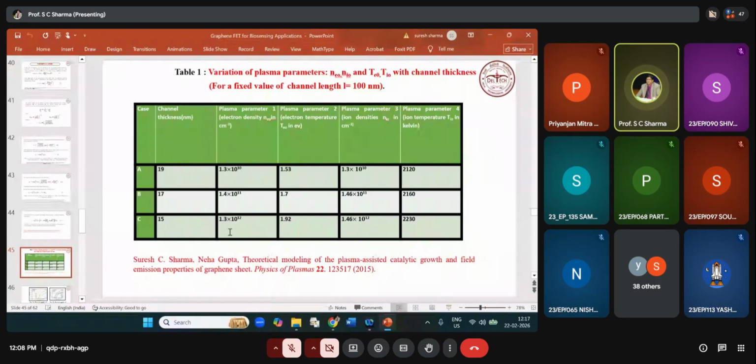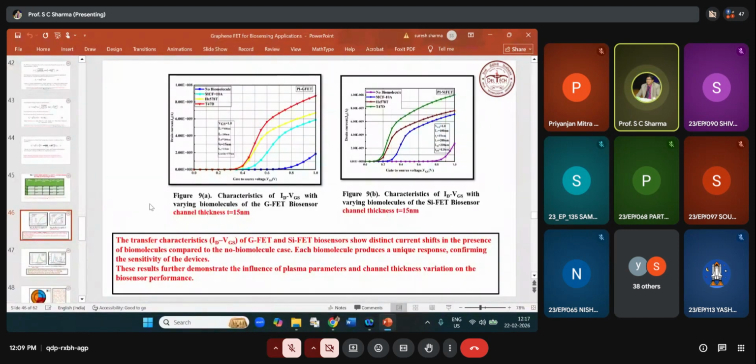So by increasing the plasma parameter, just look at this table, the channel length decreases. Okay. So here the drain current is a function of gate voltage for different biomolecules.